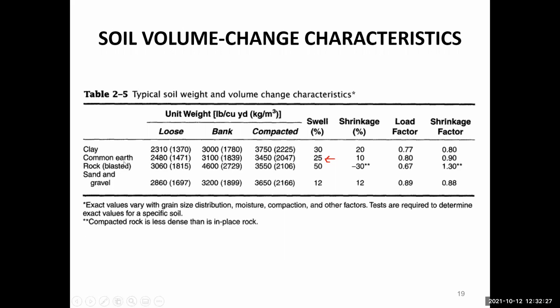The common earth will be a mixture of clay, silt, and sand. Okay, so that is called the common earth. The common earth is relatively heavier in the bank condition than the clay, but in the compacted condition it will be relatively lighter. So the clay can be compacted better than the common earth. Similarly, for blasted rock and sand and gravel, we have this kind of situation.